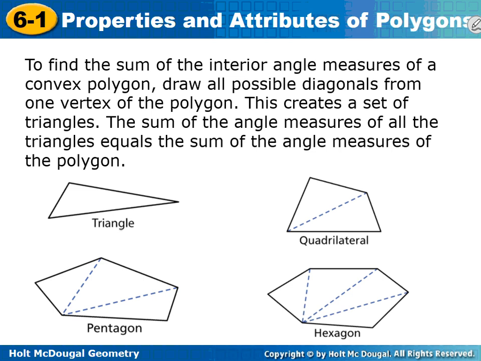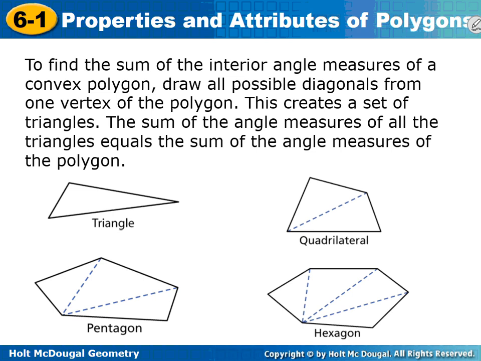What is this angle going to be? 80. What's this angle? 80. This angle, this angle, and this last angle, 40. Okay, add them all together. What's 80 plus 80 plus 80 plus 80 plus 40? 360.